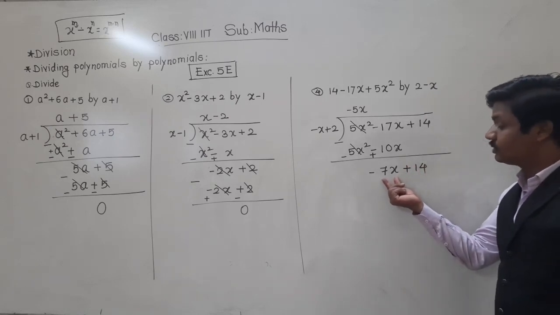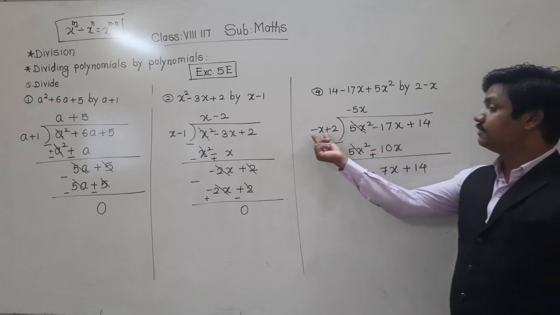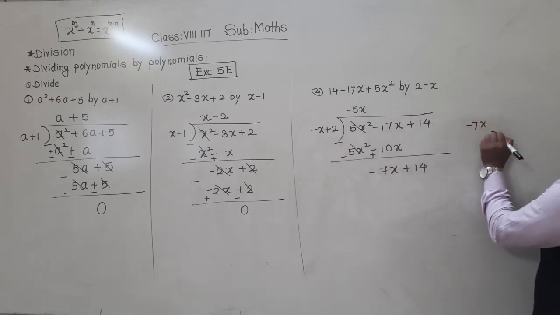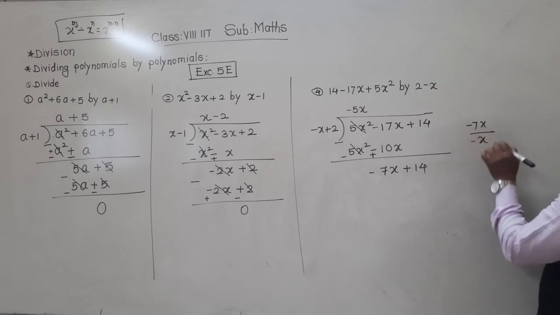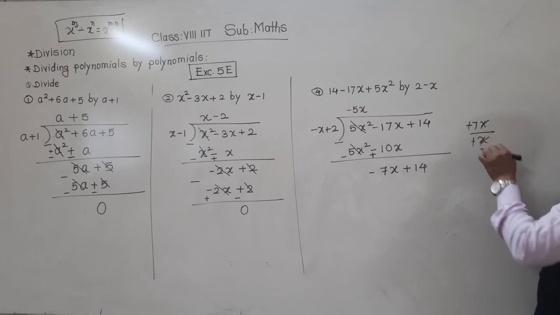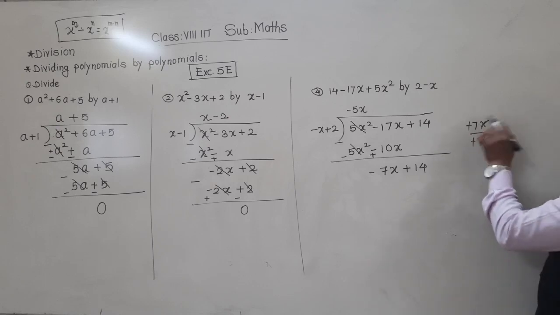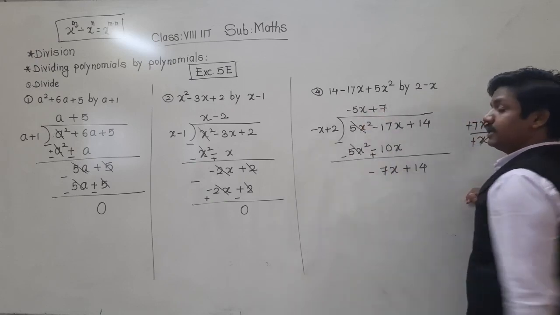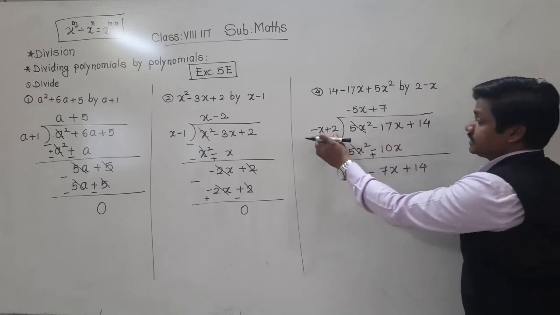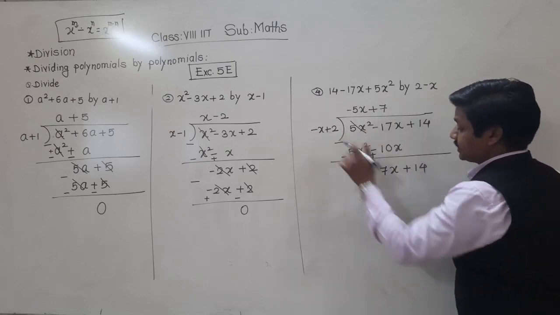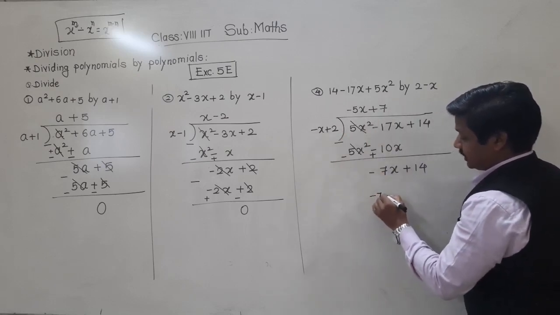Again, first term of the polynomial divided by first term of the divisor, that is minus 7x divided by minus x. So here minus minus sign cuts, x cuts, remains only 7, that is plus 7. Okay, now multiply this divisor by 7 and write it here: 7 into minus x, minus 7x.